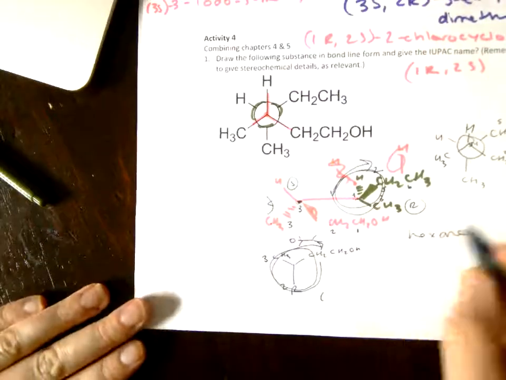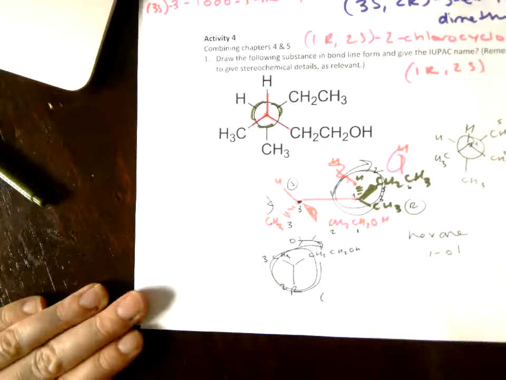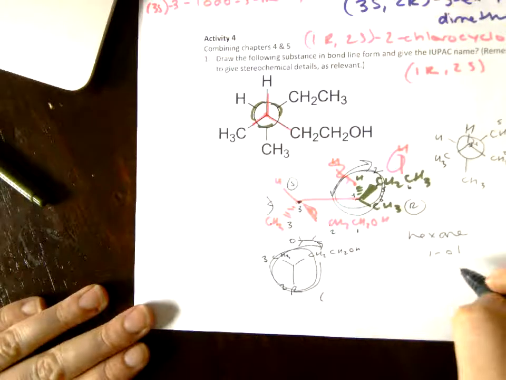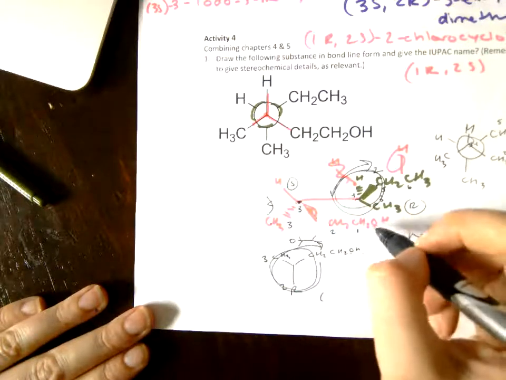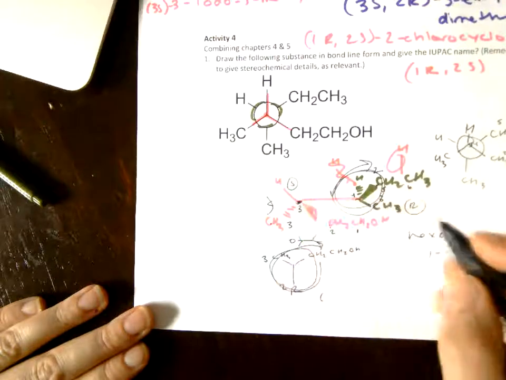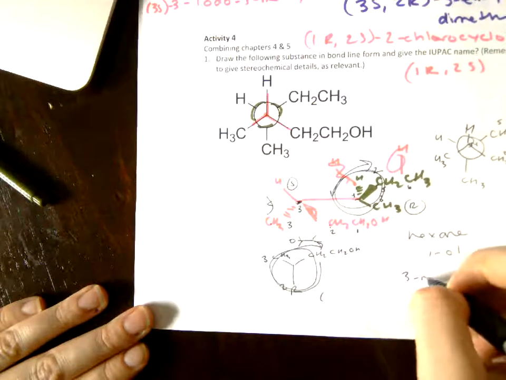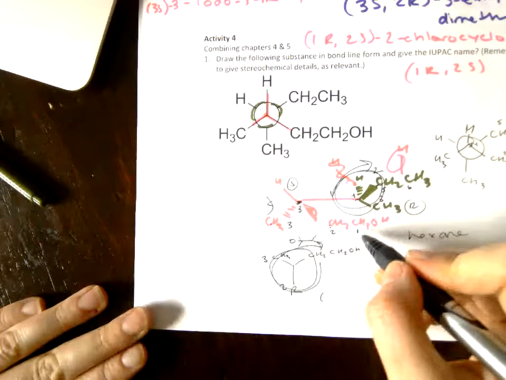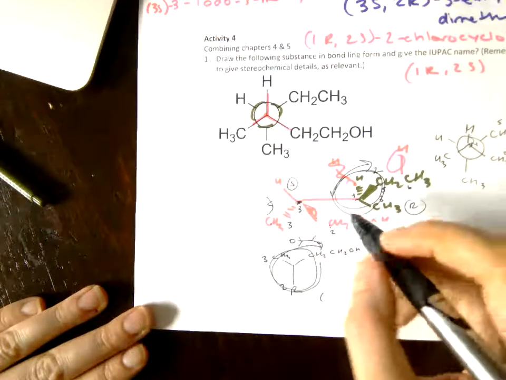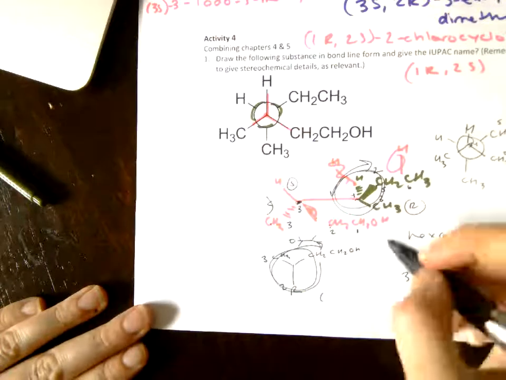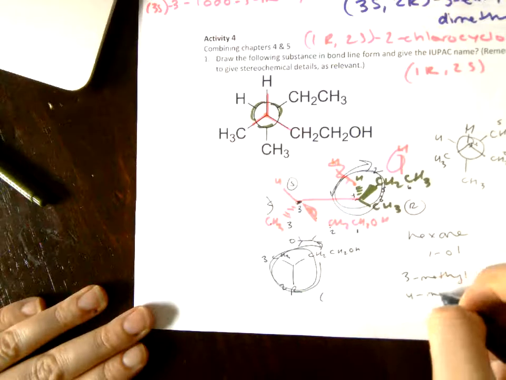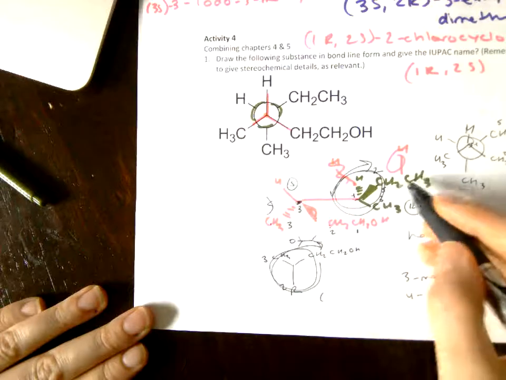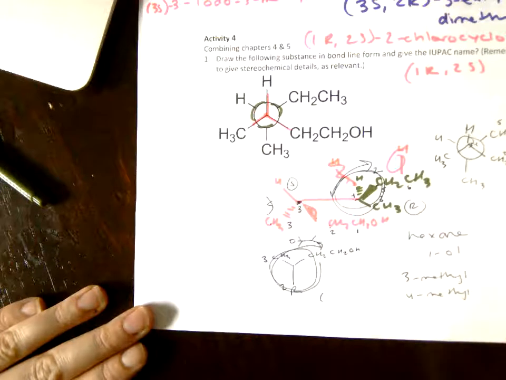But on the first carbon, there's a 1-ol, right? And then 1, 2, 3. 3 has a methyl. And the reason I know that this is where we start for numbering is because alcohol is the highest priority. And then it looks like 4 also has a methyl. And then 5, 6.